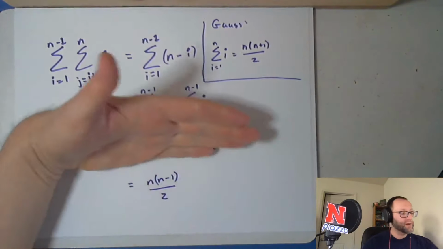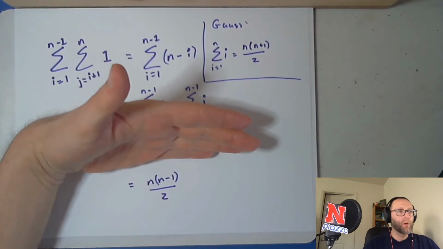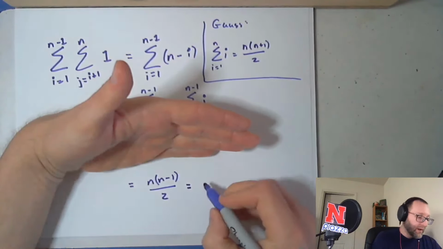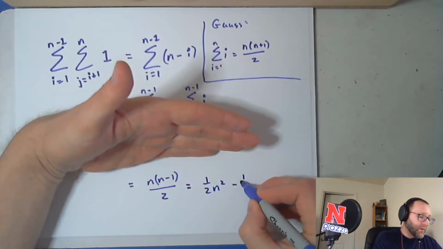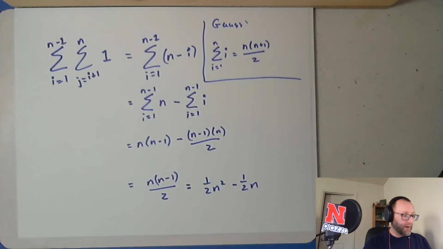Okay? There's the closed form solution for this. That's the ultimate solution that I want, right? It's going to be n times n minus 1 over 2. Now you can go ahead and expand this out, right? And this is going to be 1/2 n squared minus 1/2 n. And you can take it a step further.